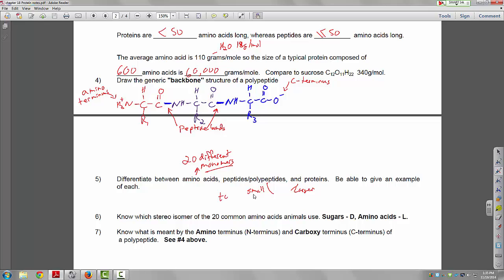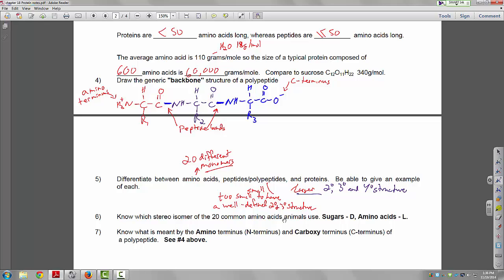So these peptides are too small to have a well-defined secondary and tertiary structure, whereas most proteins, on the other hand, are larger and they have a secondary structure. We refer to those, remember, as alpha helix and beta sheets, so they have secondary, tertiary, and even a quaternary structure.